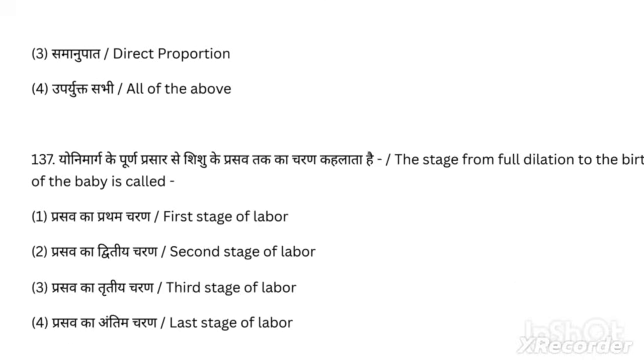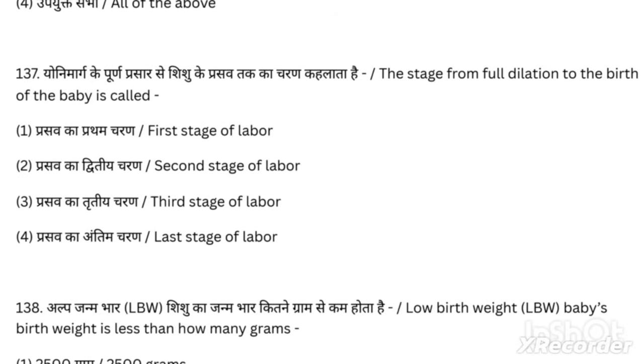Next question is, the stage from full dilatation to the birth of the baby is called, so it is called second stage of labor. Second stage of labor is full cervical dilatation, which is 10 centimeter, to the birth of the baby.